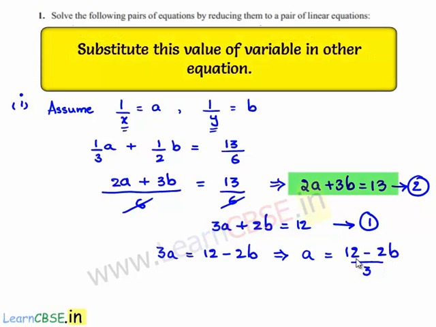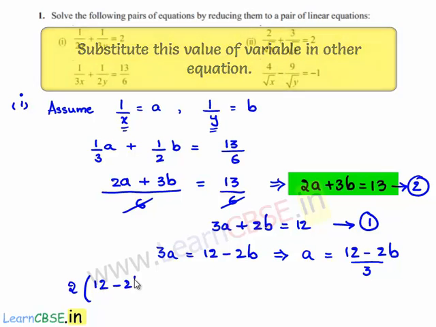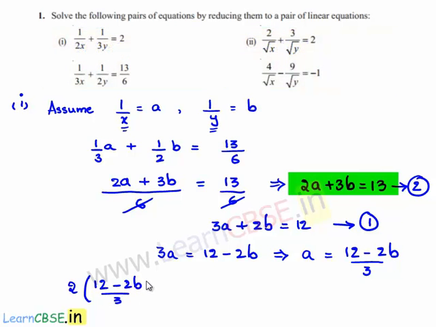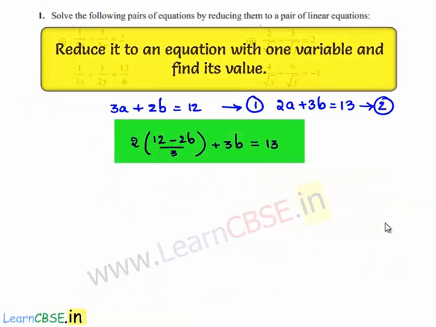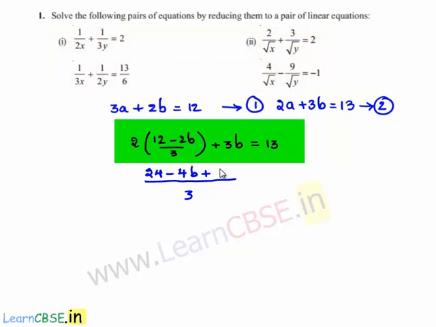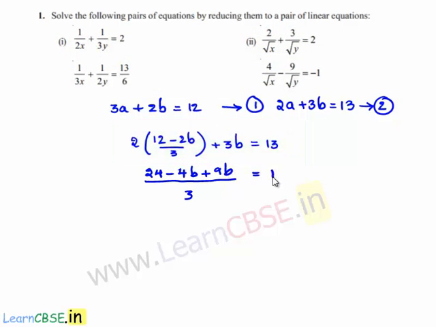Now let us substitute the value of a in equation number 2. We will be getting 2 times of a, which is nothing but 12 minus 2b divided by 3, plus 3b is equal to 13. Now taking the LCM as 3, we get 2 times of 12 is 24 minus 4b plus 3 times of 3b is 9b is equal to 13.